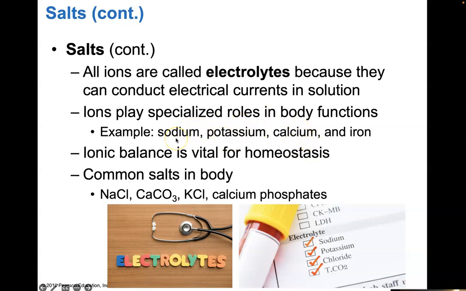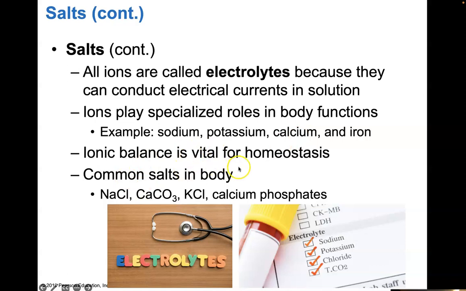And we're going to talk about how sodium, potassium, and then calcium are important for things like nerve conduction, creating these electrical currents for nerve conduction, as well as muscle contraction, okay? So those ions are going to play very specialized roles. They're very important, and that's why we care about these ions that make up the electrolytes in our body.